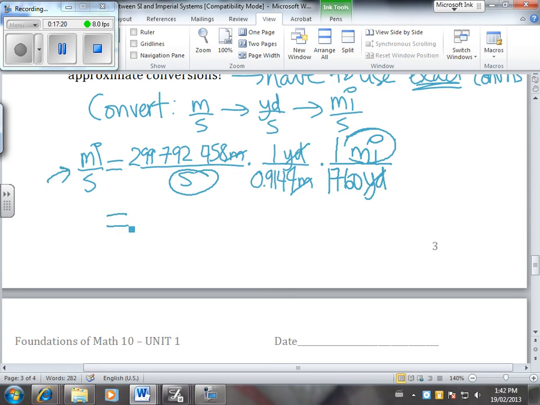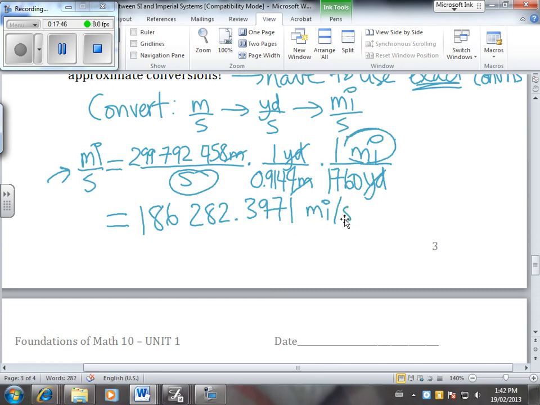So now I just have to plug this into my calculator. So we take 299,792,458 and divide by 0.9144 and then divide by 1,760, and we would end up with 186,282.3971 miles per second.